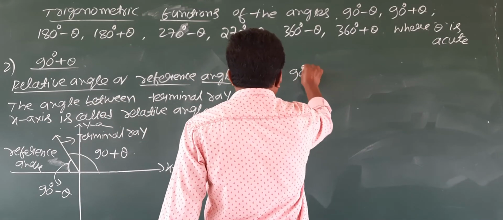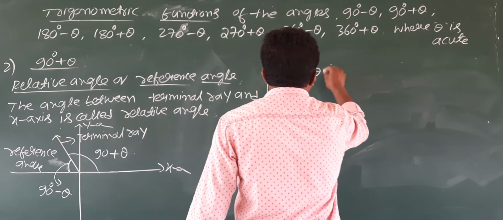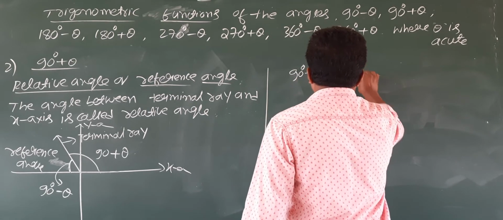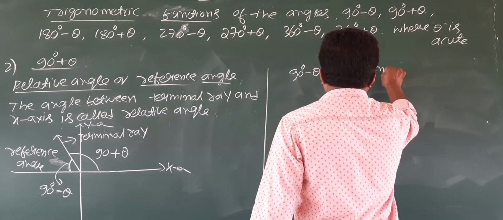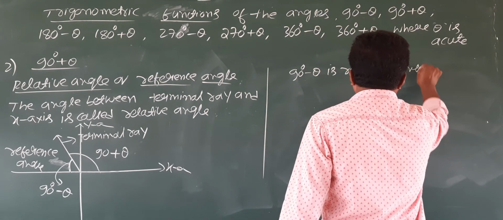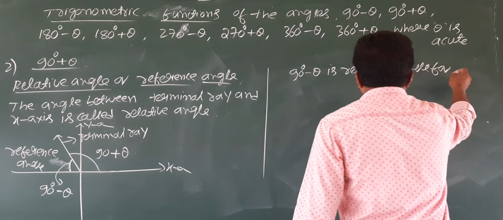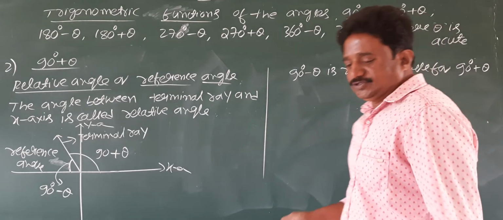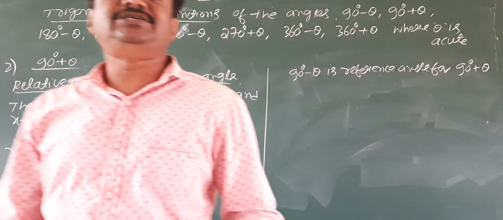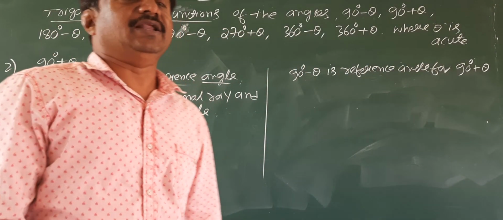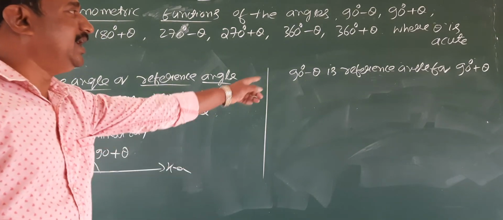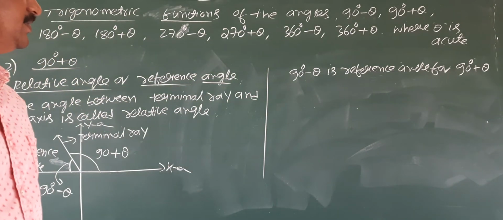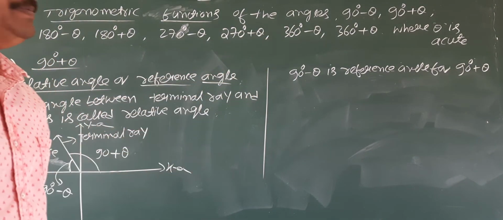So 90 degrees minus theta is the reference angle, the relative angle, for 90 degrees plus theta.